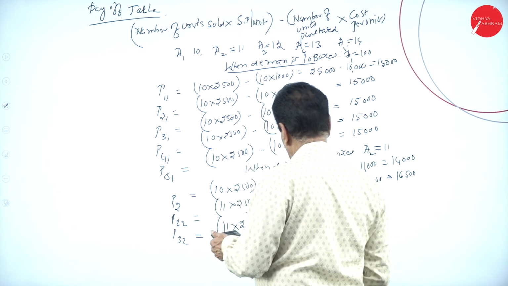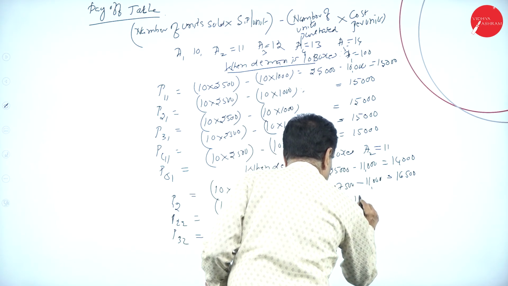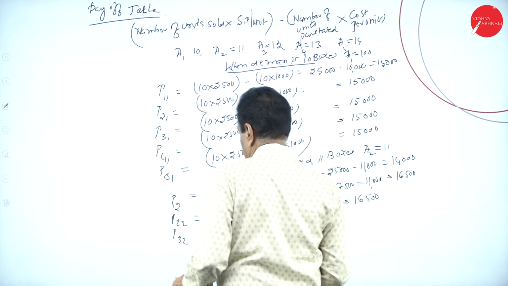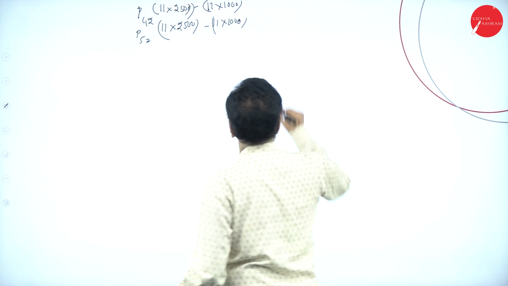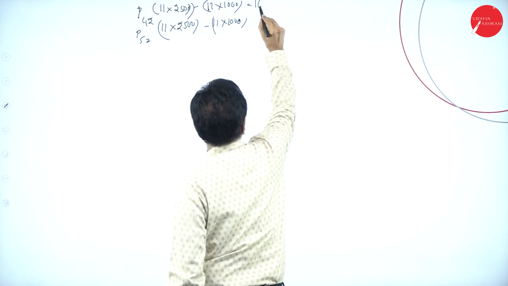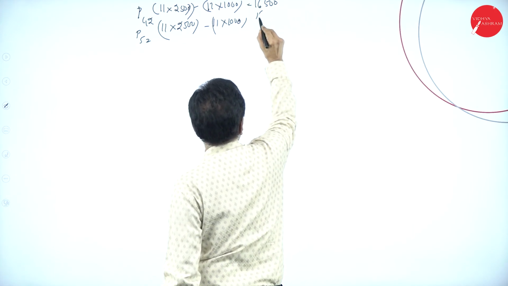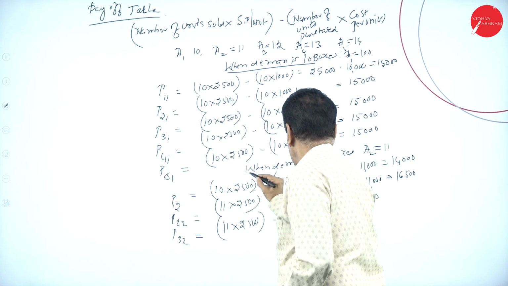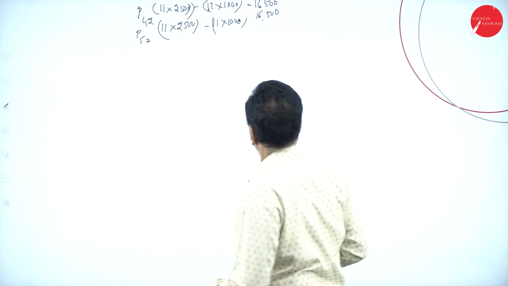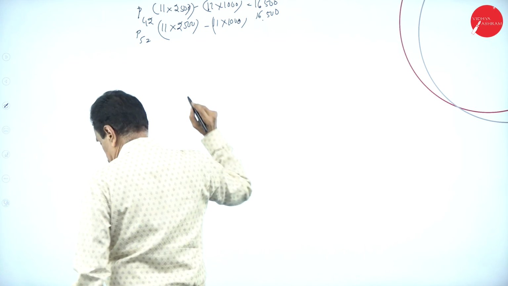Same thing, 16,500, 16,500, 16,500. This goes when it is 11 boxes.